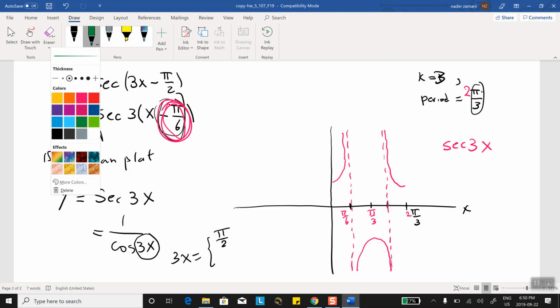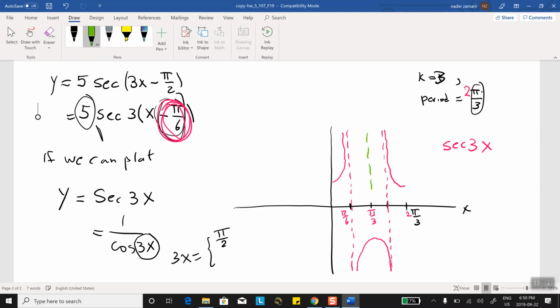So this vertical asymptote is going to go right there. The left vertical asymptote, the red vertical asymptote, goes here. The right one, this right vertical asymptote, is going to go there. Okay? This point is going to go here.